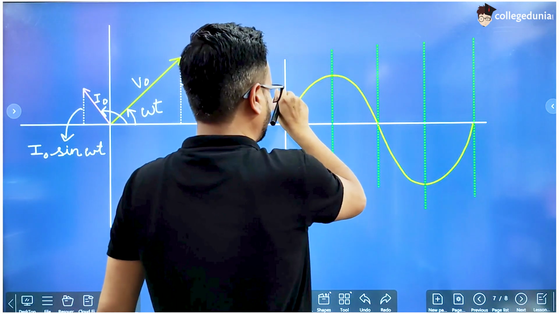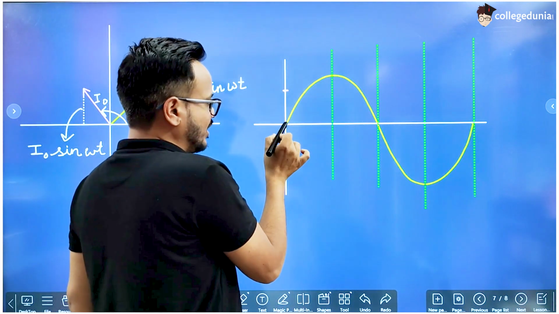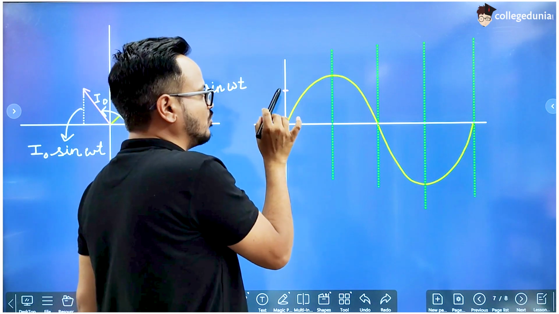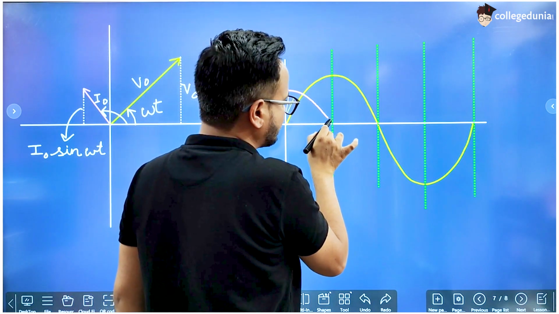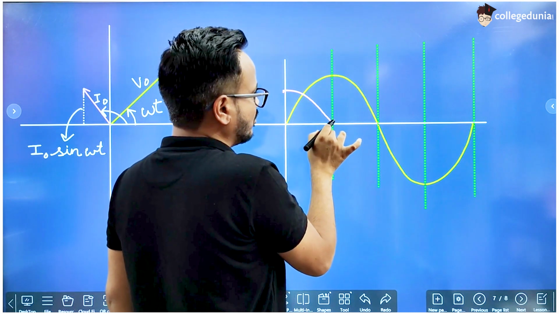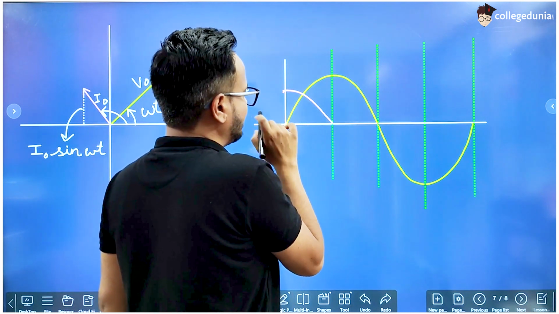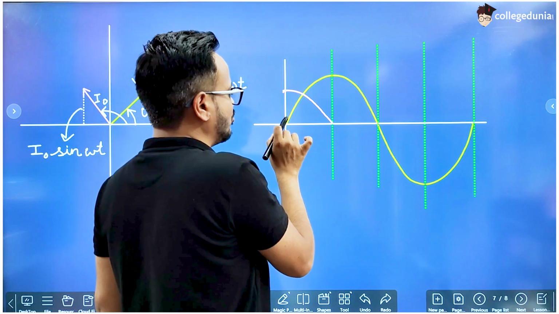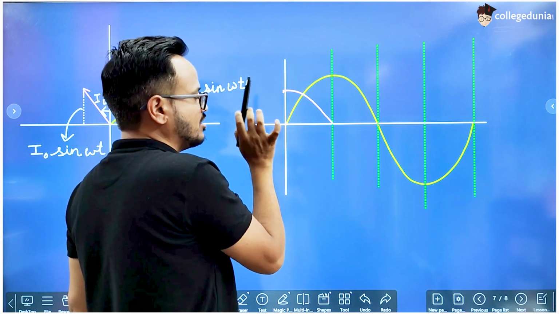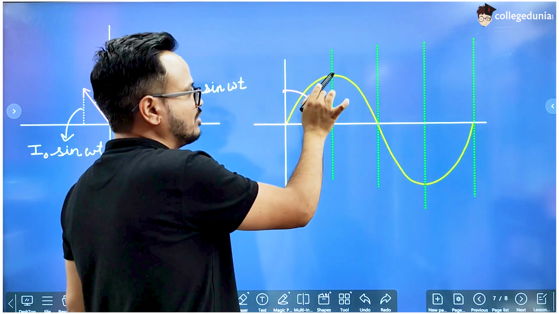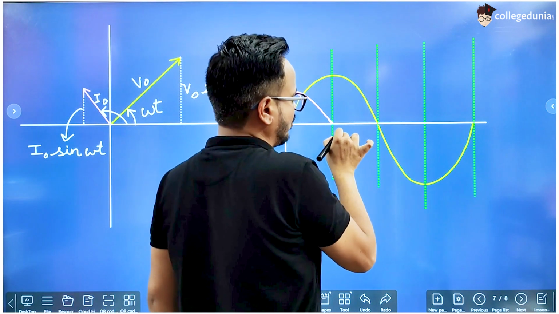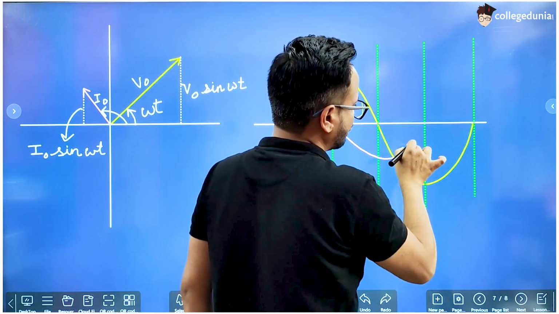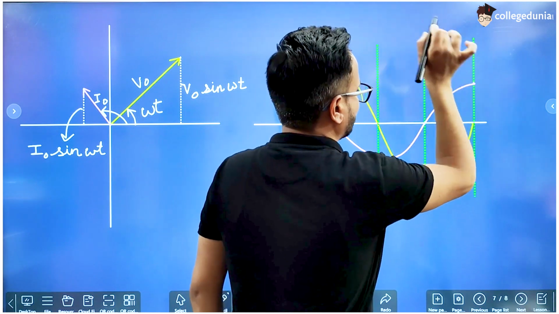So let us start it from here, because when the voltage was 0, then the current was maximum. When the voltage had 0 phase, then the current had pi by 2. And when the voltage had pi by 2, then the current had pi. So we can draw it like this.